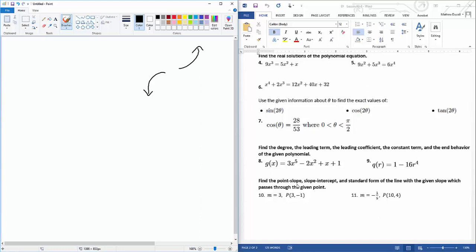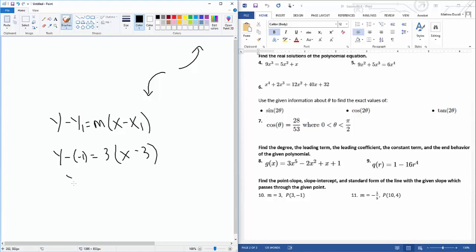It says find the point slope, slope intercept, and standard form of the equation. I'm just going to talk about it, but set us up. Remember, we always start with the point slope. The point slope is y minus y1 equals m times x minus x1. That's the point slope form. So we plug in our point and we plug in our slope.